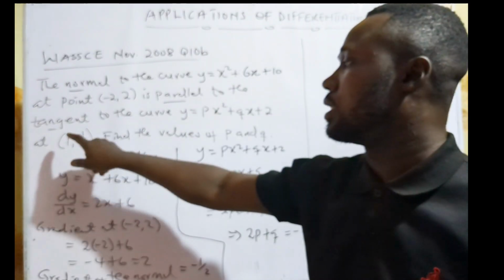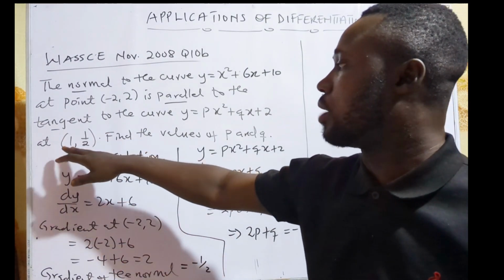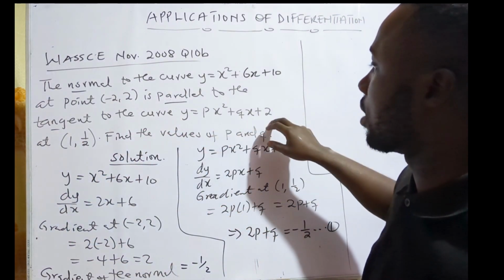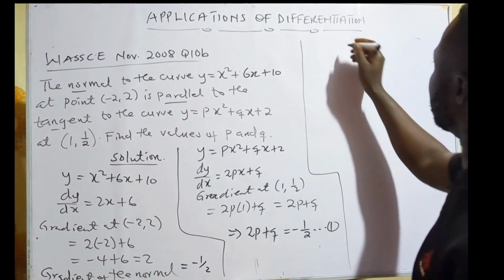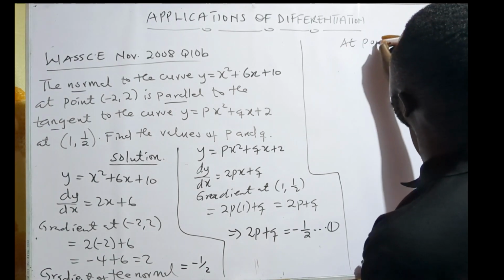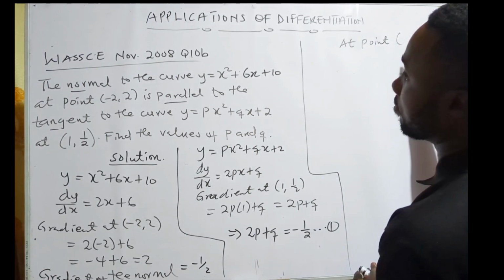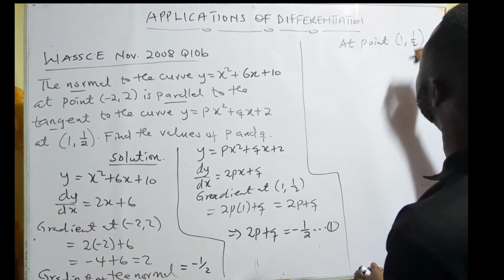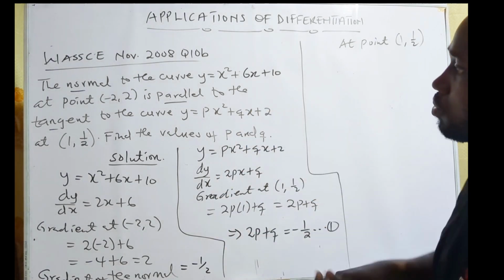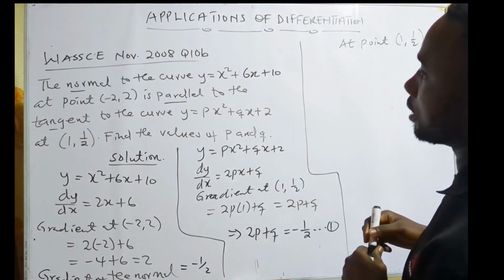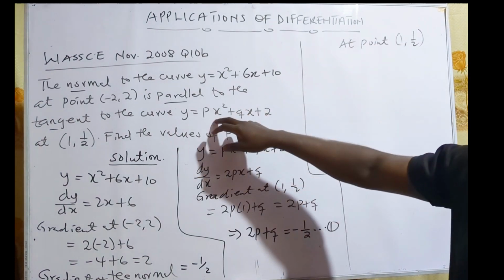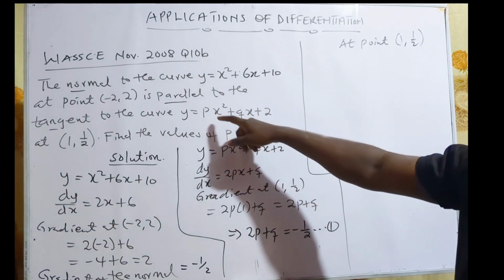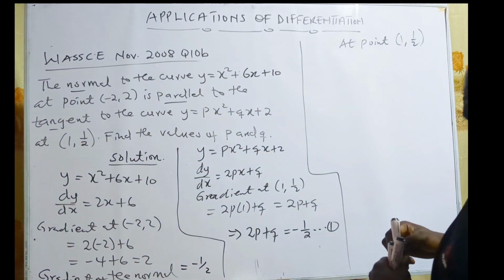It means that when I substitute the 1 and the 1 over 2 into this curve, it will satisfy the equation. Because this point is on the curve, when I substitute the point into the curve, it will satisfy the curve.